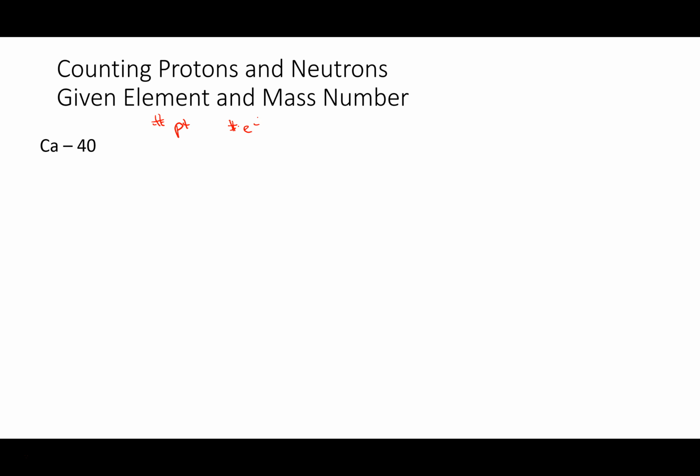Whoever gets that one, I think, has it a little easier than the others. And then the fourth column, I know this is hard to read my writing, is number of neutrons. It'll make more sense when we do one. Okay, so you'll need a periodic table.